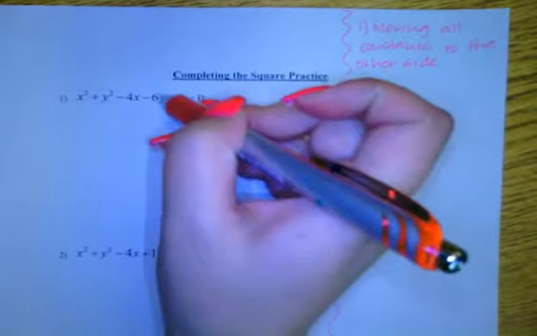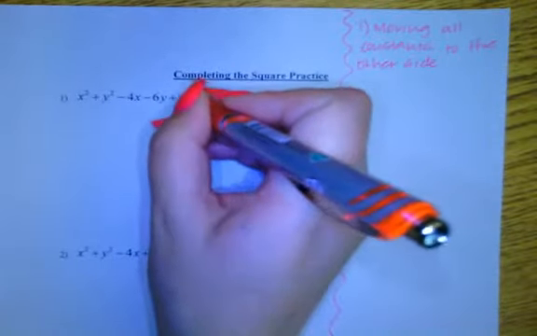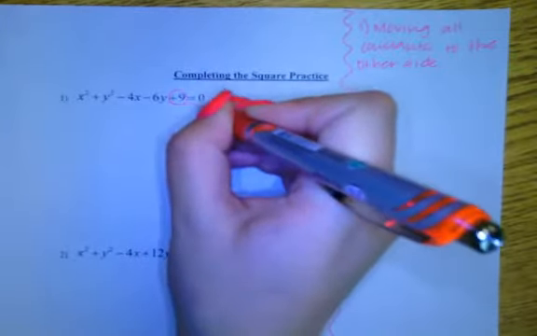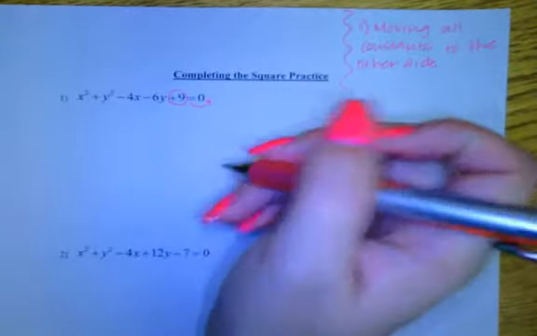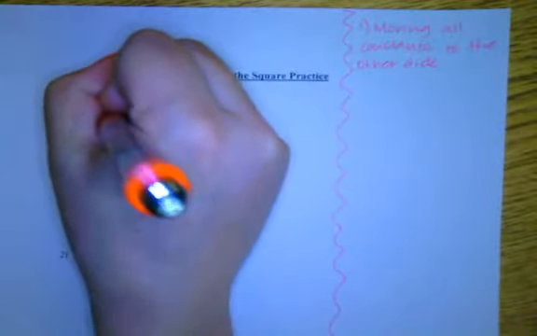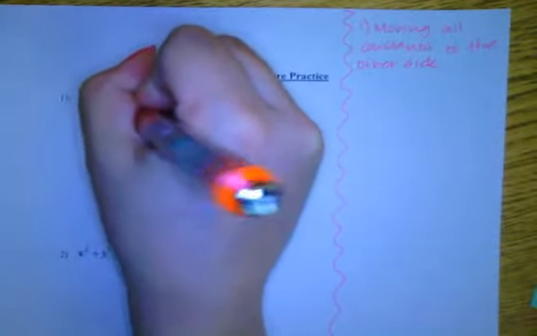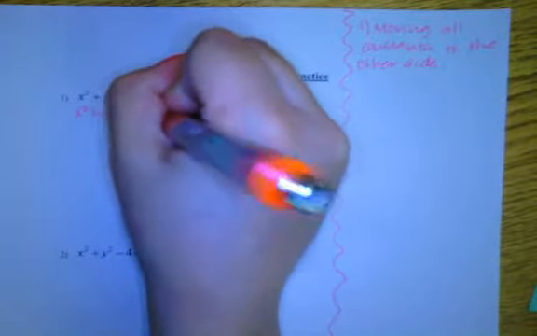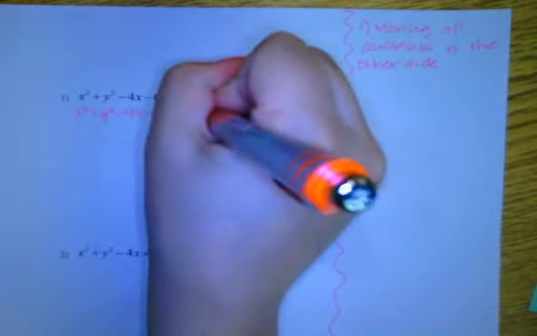This plus 9 needs to move over to the other side. So when I rewrite it, it's going to be x squared plus y squared minus 4x minus 6y equals negative 9, because I subtract 9 from both sides. So that's step number 1.